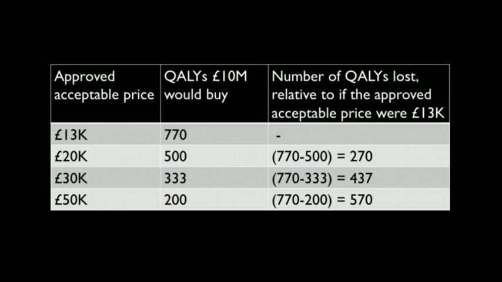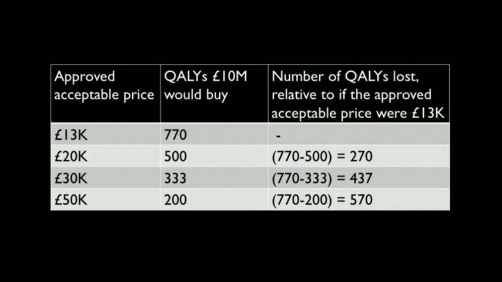The second column is the numbers that I showed you previously: the QALYs that 10 million pounds would buy at the various price levels shown down the rows. The last column is the number of QALYs lost relative to if the approved acceptable price were £13,000.